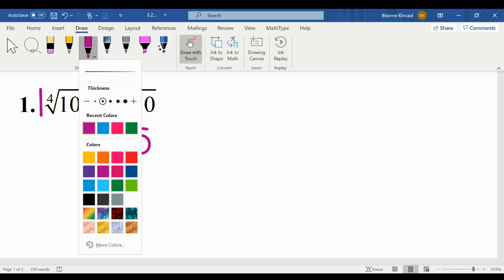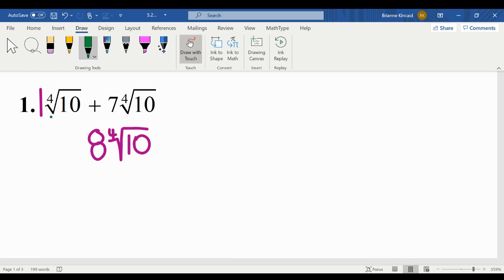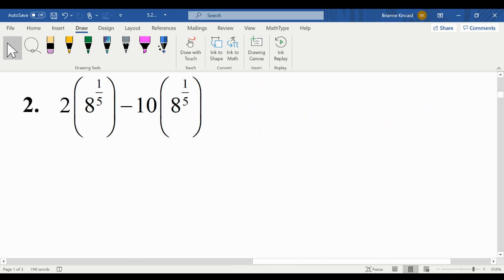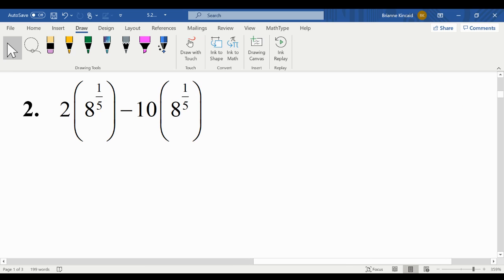Key idea here is the number under the radical and the root match. So we add the coefficients out in front of them. 1 plus 7 is 8, 8 fourth roots of 10.